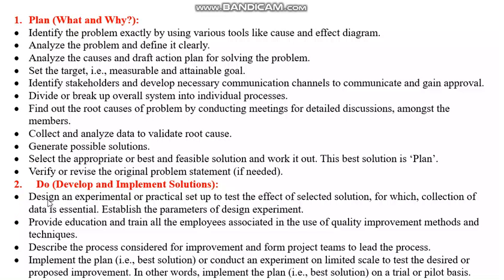Then the second one is doing. Doing should not be the first. Many people want to do first and then think. That's why most businesses fail. If there are 100 entrepreneurs setting up industries, or even small shops, 90% of them fail, and maybe only 10 become successful.